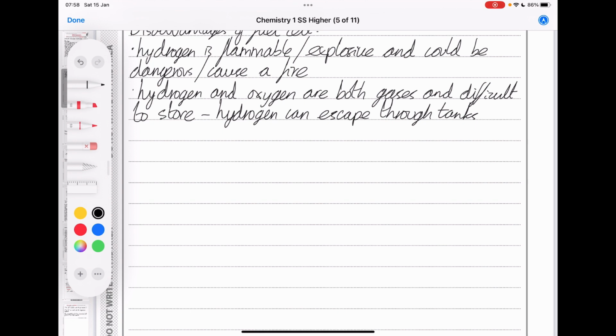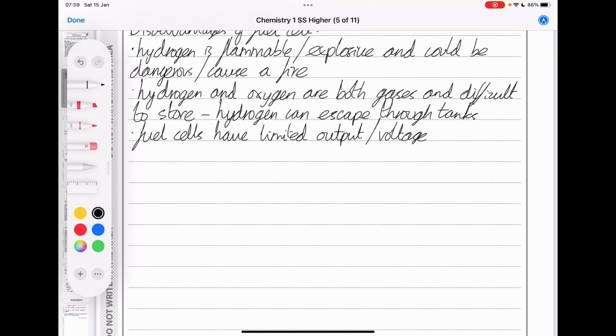Other points we could say is that fuel cells have a limited output voltage. What that means is that if you are relying on 1 or 2 fuel cells to provide the energy for your spacecraft, there's a maximum amount of electricity they can supply per second, and therefore it doesn't matter how much you might need in an emergency.